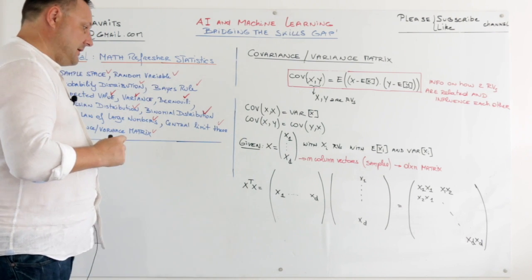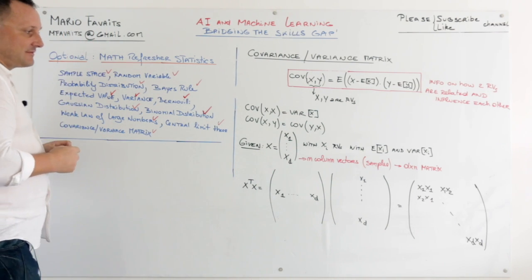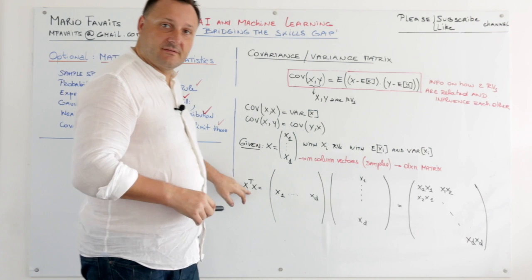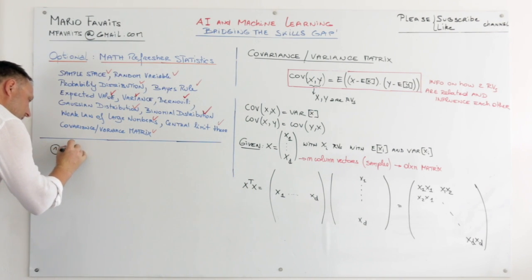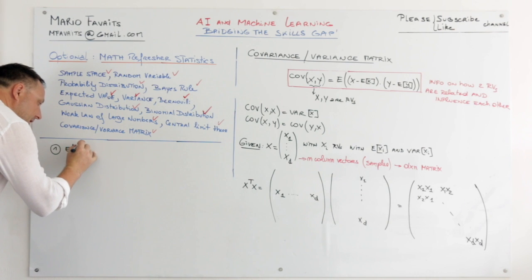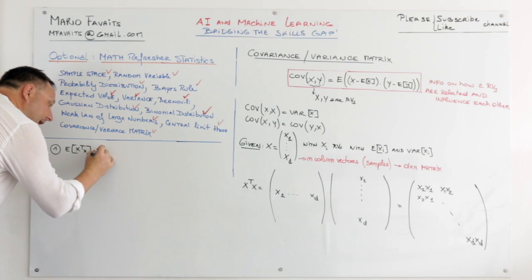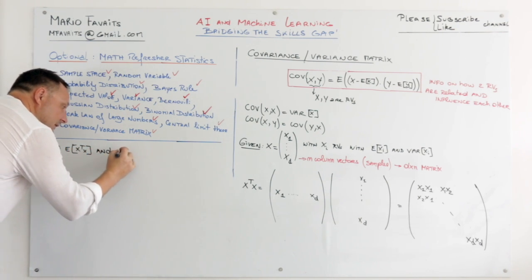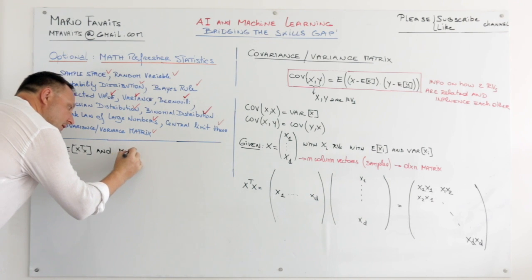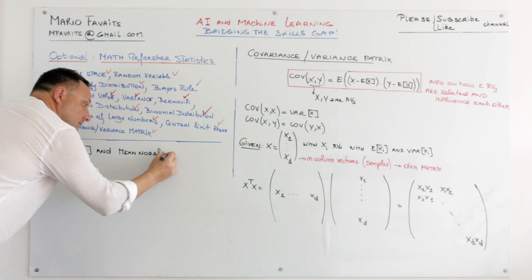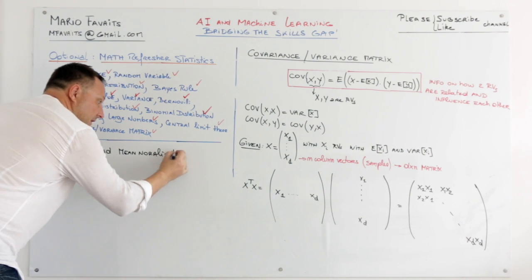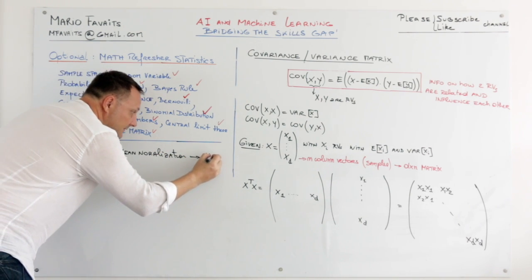Now let's take the expected value of this. So what we're gonna do is we're gonna take the expected value of x transpose x, and before we do that, we're gonna do mean normalization. That means that the mean is 0.